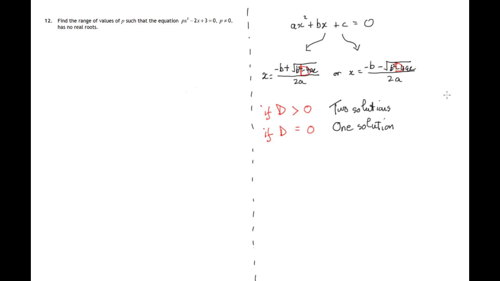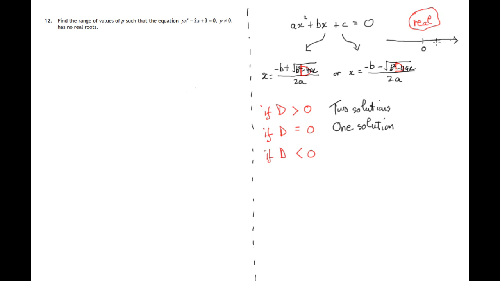Now the third case that might happen is you work out all this and you discover that the number under the square root sign is negative. Now you'd be hard pushed finding the square root of a negative number. It's certainly not real. Now that word real is a very special mathematical word, and we're talking basically about all the numbers that correspond to any point on this number line.